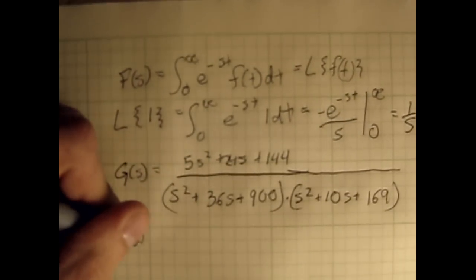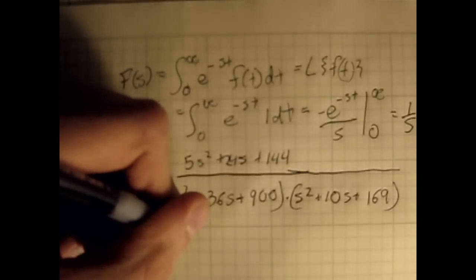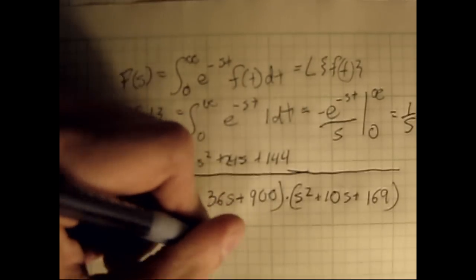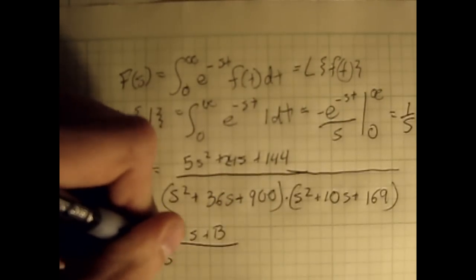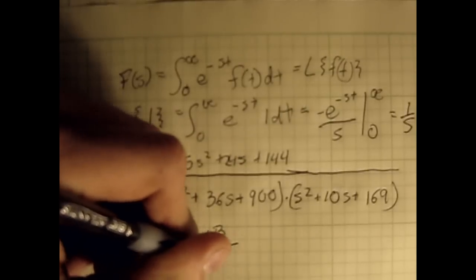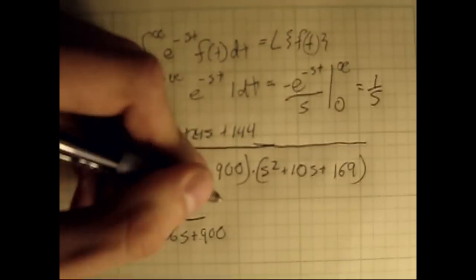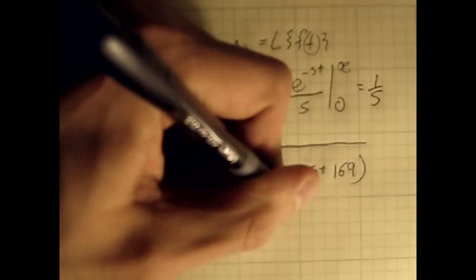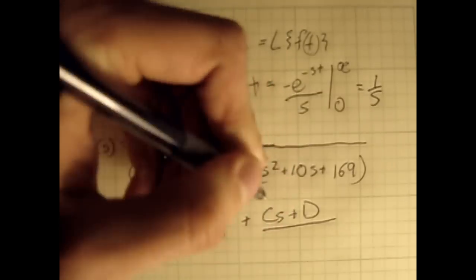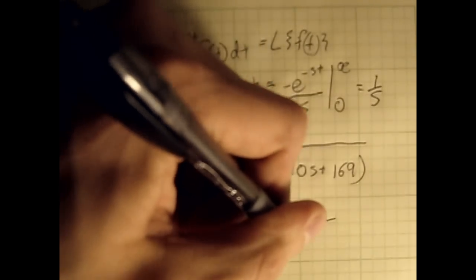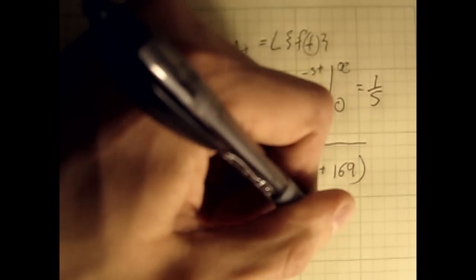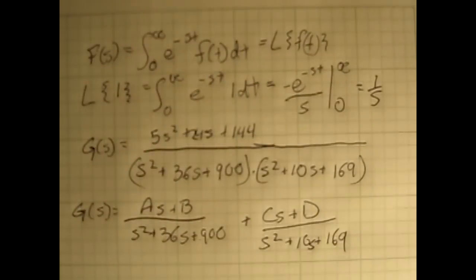We know that it comes in a form that looks like this: as plus b over the first one, s squared plus 36s plus 900, plus cs plus d over the second one, s squared plus 10s plus 169.